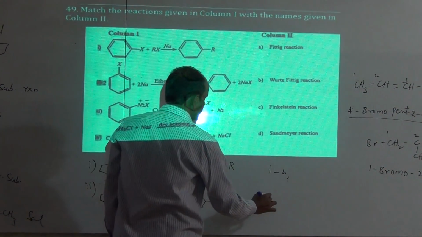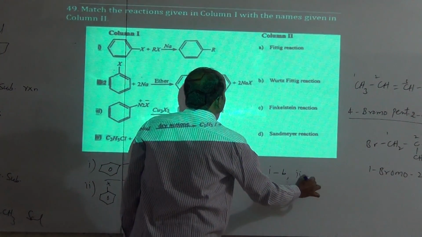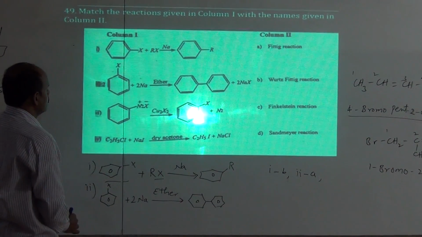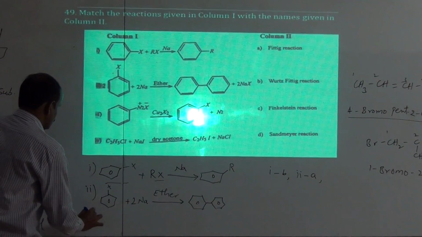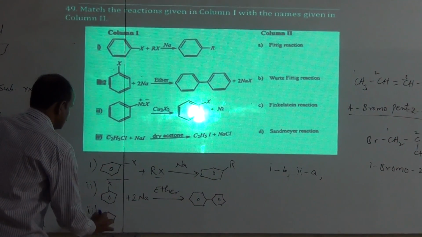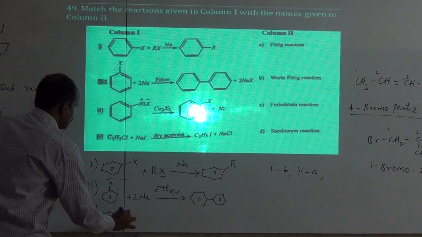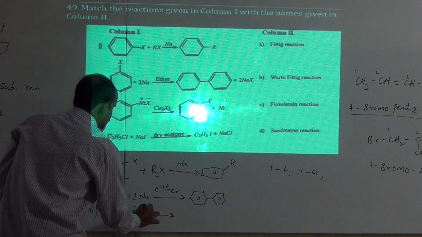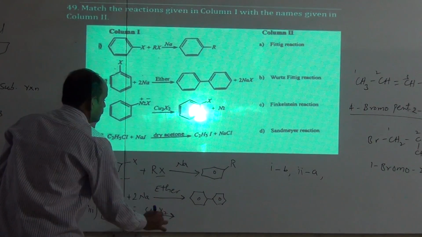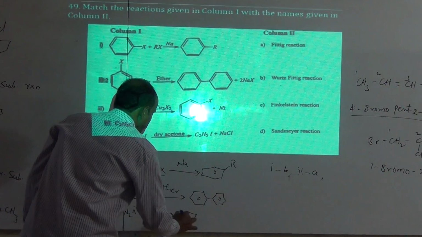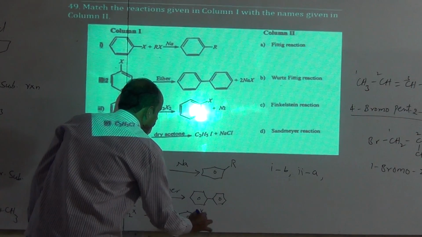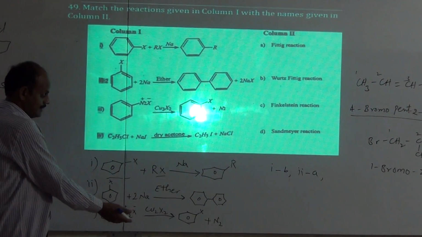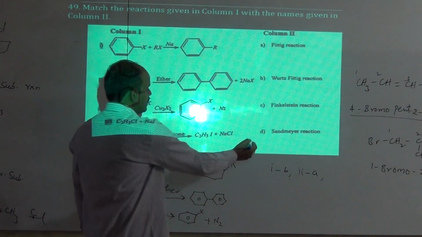It is the Fittig reaction, hence the option is the first one, A. Next, third equation: C6H5N2X plus Cu2X2 gives aryl halide plus N2. What is the name of this reaction? Yes, Sandmeyer reaction. Where is Sandmeyer? Here, D.